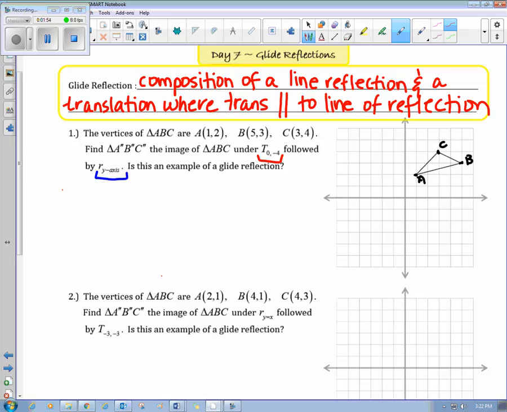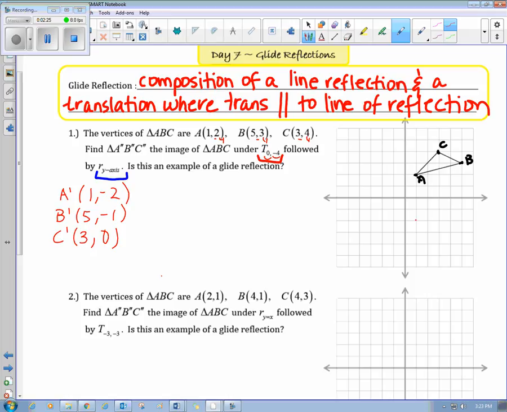So for our A prime, B prime, C prime triangle, I have to move all of the x's 0 units and all of the y's -4. So if I move all of the x's 0 units, that means that they're not changing. And then if I subtract 4 from all of the y's, I get -2, -1, 0. And that becomes my second triangle.